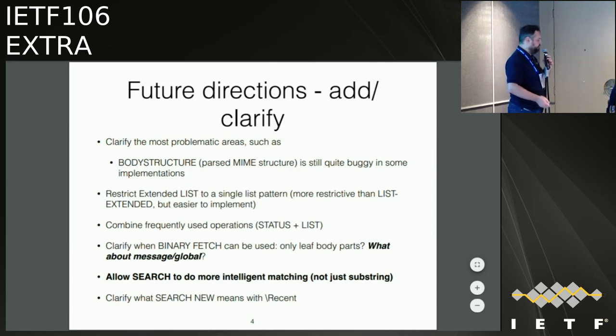Yeah, but if the protocol says must support fuzzy as a match parameter, then clients that want intelligent matching just say search fuzzy expression, and clients that don't want it don't say search fuzzy, and then you have access to both behaviors.